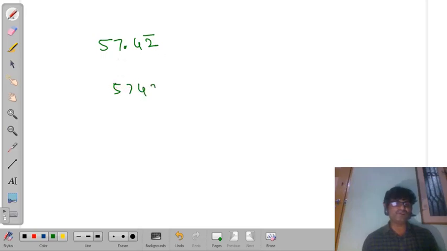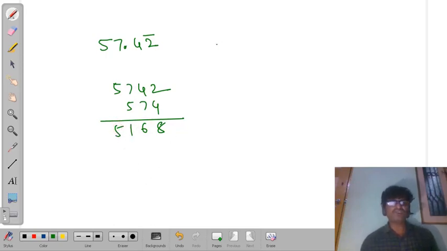57.42, you ignore the decimal. 5742. Now subtract 574 from this. First 12 minus 4 gives us 8. We have 3, and 3 minus 7 will not go, so 13 minus 7 is 6. 6 minus 5 is 1.